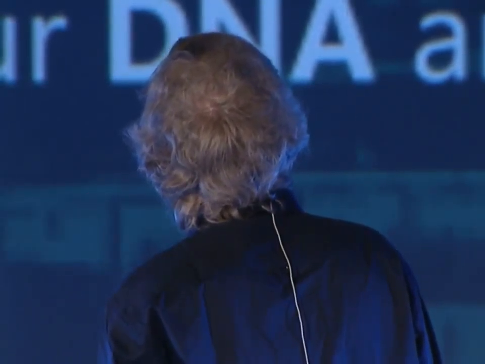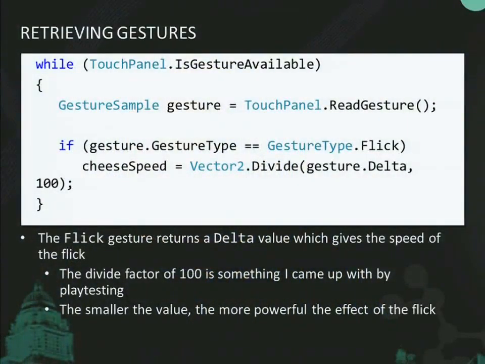It's kind of tricky to explain what's happening, but the code makes perfect sense. What I found when I was flicking my cheese, which is not a phrase you hear very often, was that if you flicked it and put the delta value straight in, the cheese went far too fast. So I had to divide the delta value, which the touch panel gives me, by 100, and that actually got the speed about right. This is called play testing, and it's great fun.